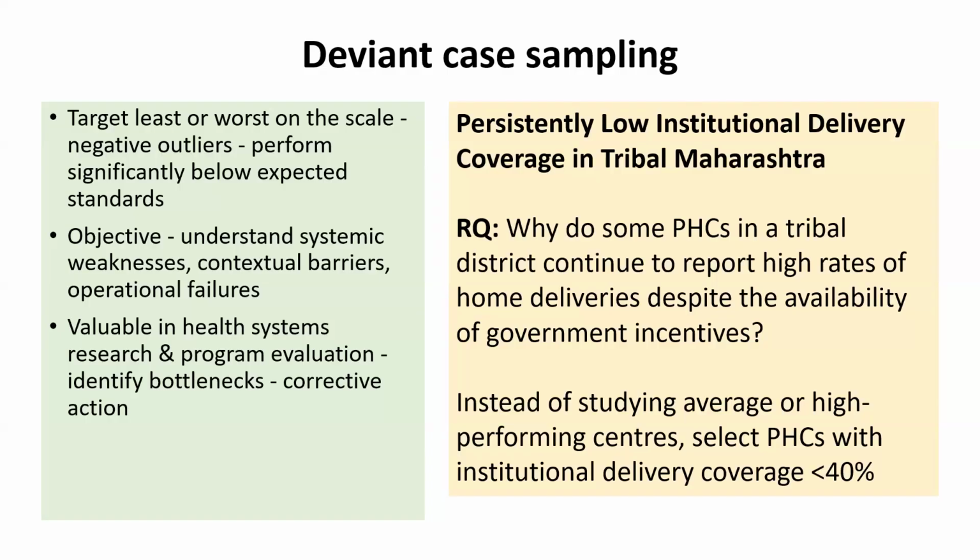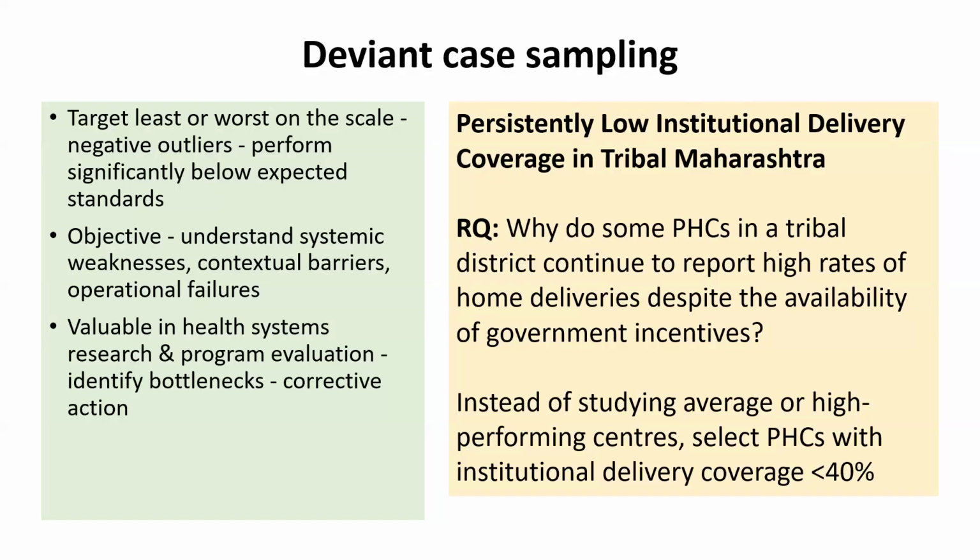So for example, you want to find out why some PHCs in a tribal area continue to report high rates of home deliveries, despite so many initiatives which are taken up by the government. Overall in the state, in the rest of the district, the proportion of institution deliveries is improving, but there are a few hotspots where home deliveries continue.